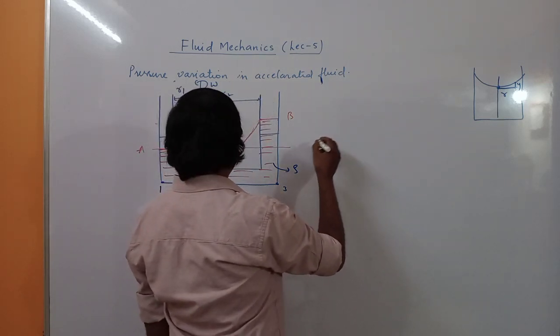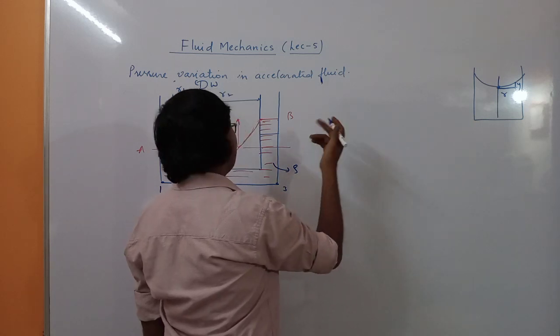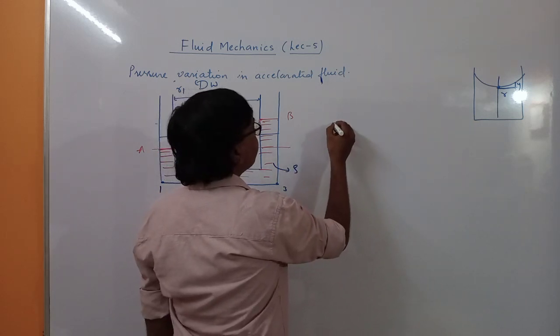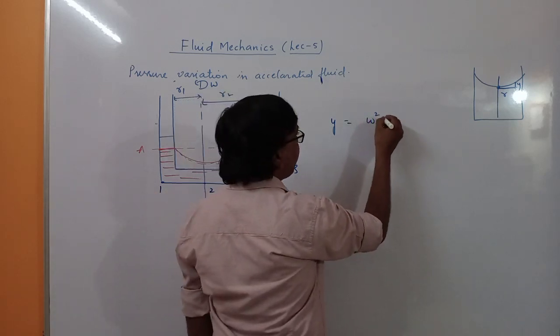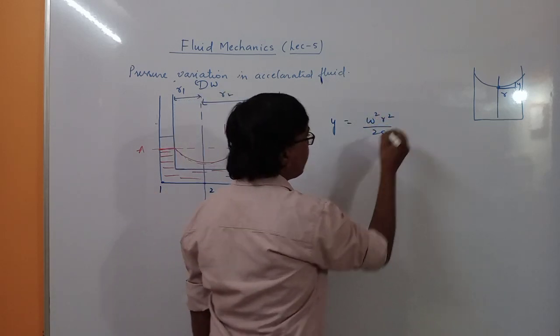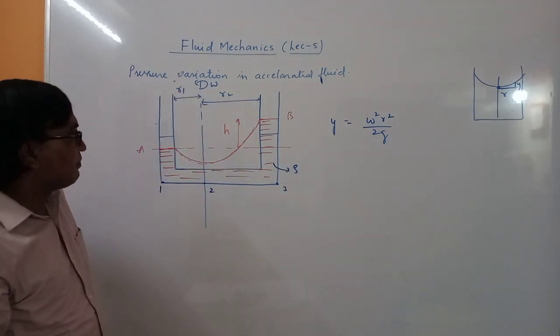Sorry, we want height. So height y will be equal to omega square r square by 2g.